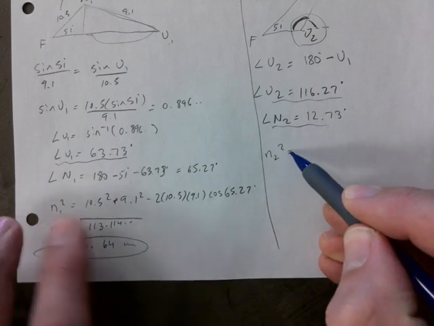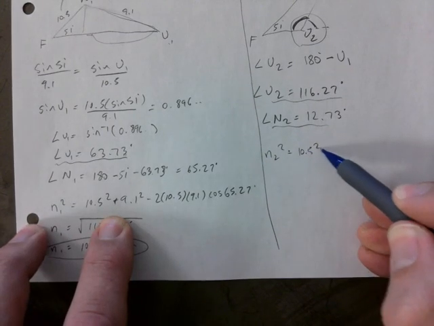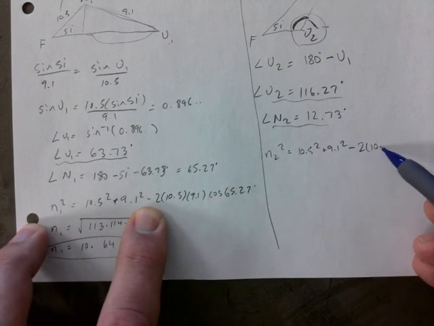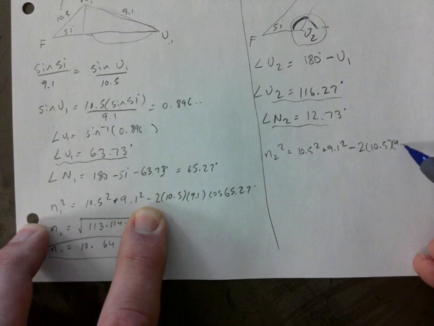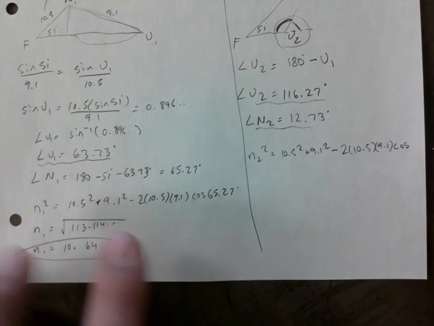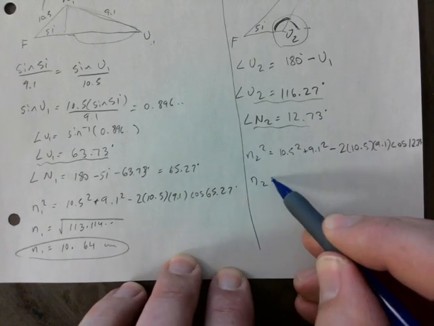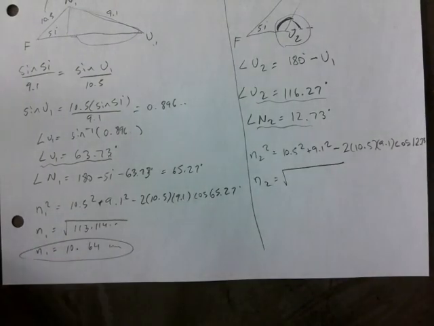N2 squared is 10.5 squared plus 9.1 squared minus, don't rush here, you show me all your work, this would be cosine of 12.73. And so N2 is the root of all of that.